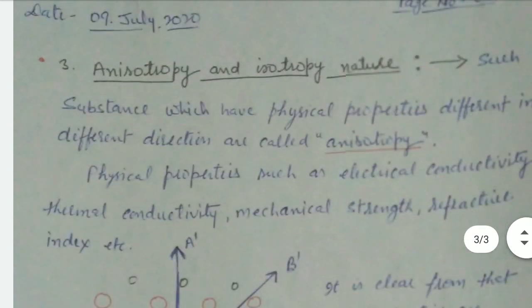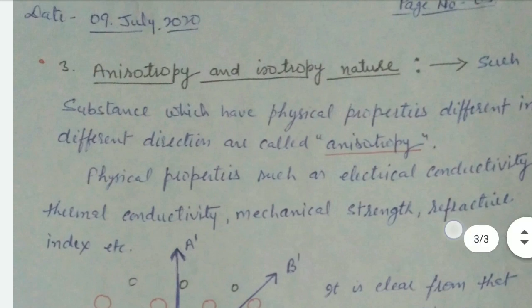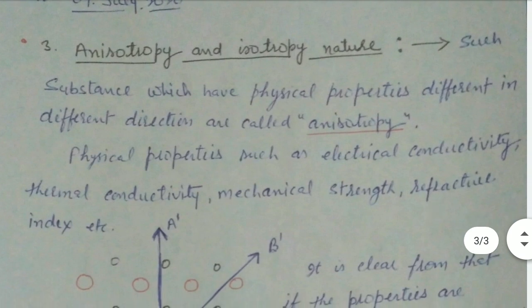The third property, a very important property, is anisotropic and isotropic nature. First of all, what is anisotropic nature? Such substances which have physical properties different in different directions are called anisotropic, right?